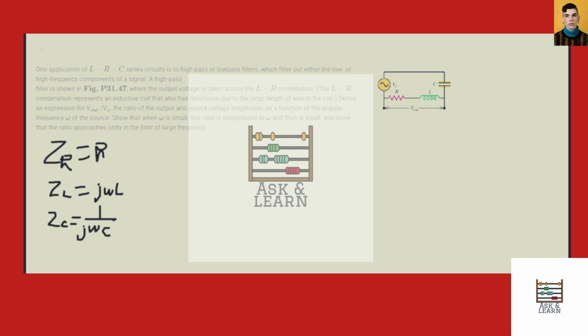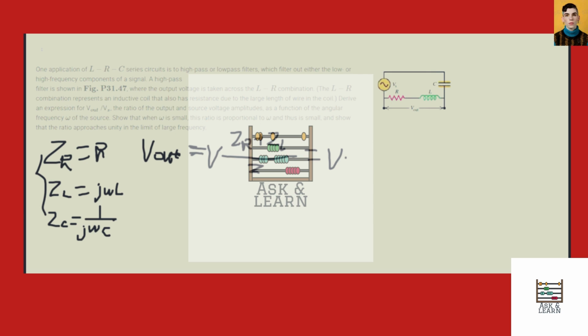Because these three parts are connected in series, V out is given as Z_R plus Z_L over the total Z, and this total Z is just the summation of these three parts. If we plug in these values, we multiply by V, the amplitude of the source.